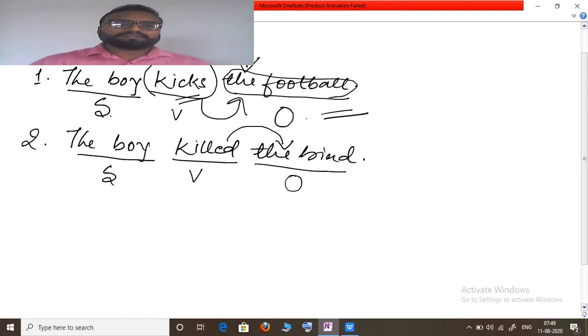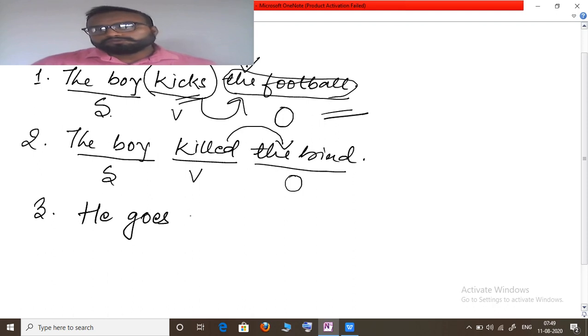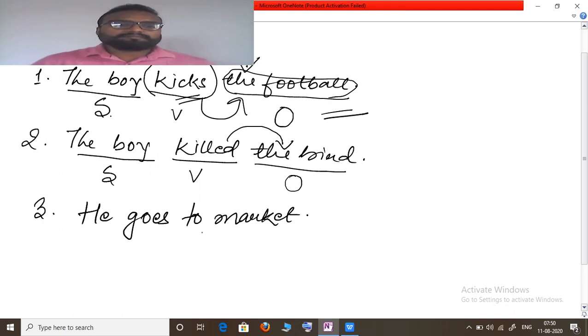Let us take another example. He goes to market. In this example, is it possible to frame a question with the help of what? No, we are unable to form a question with what. "What goes?" is an ungrammatical question.